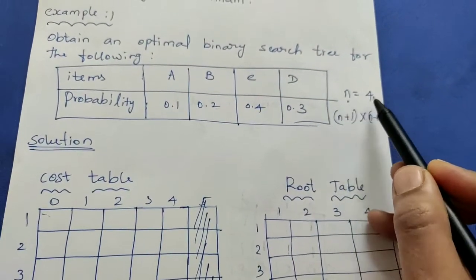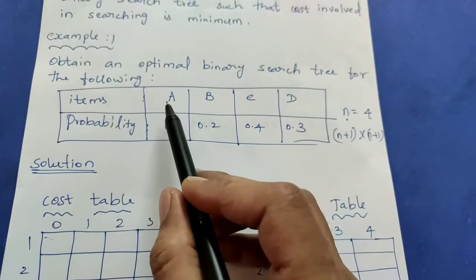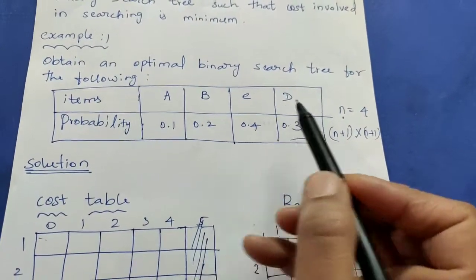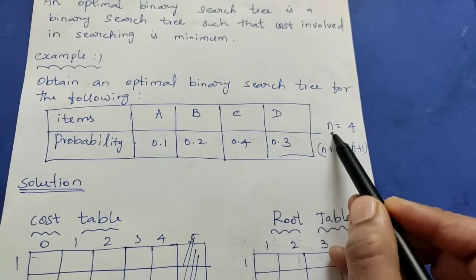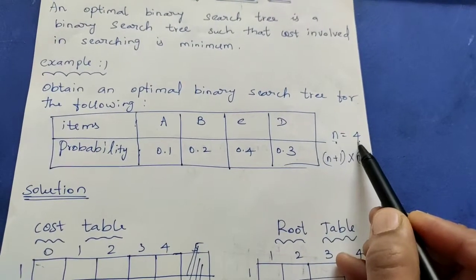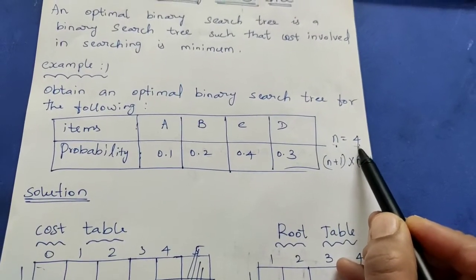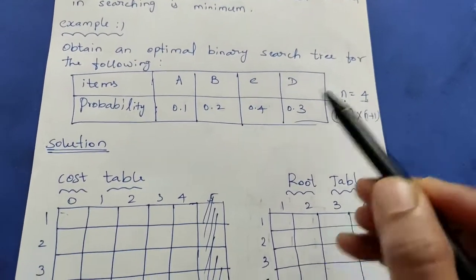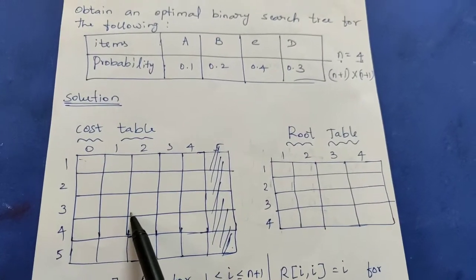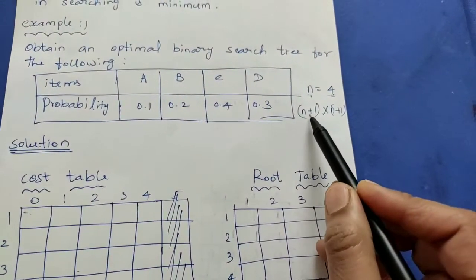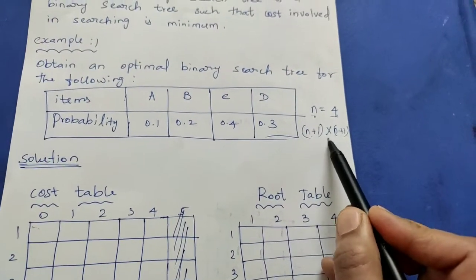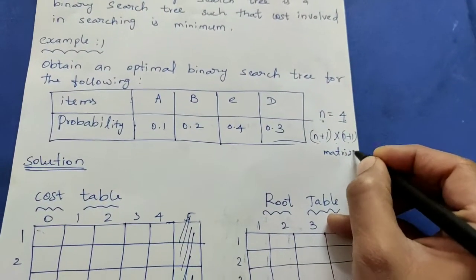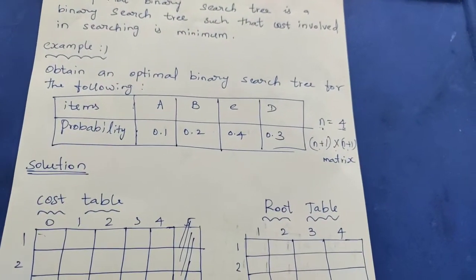Here n is equal to 4, that is, the number of items given in the question is 4. So the number of items is considered as n. To find the size of the cost table, you need to take an n plus 1 by n plus 1 matrix.